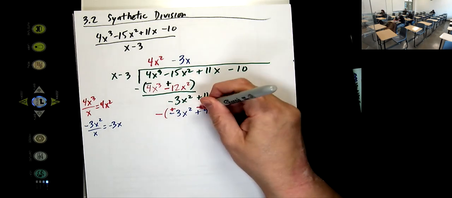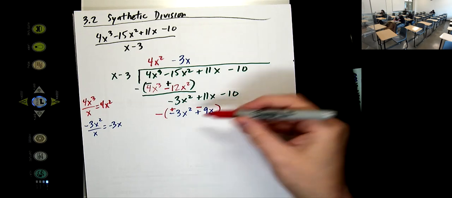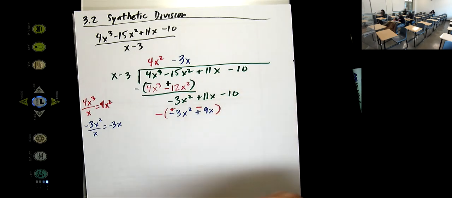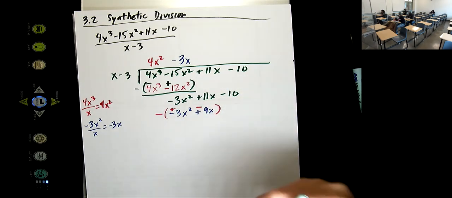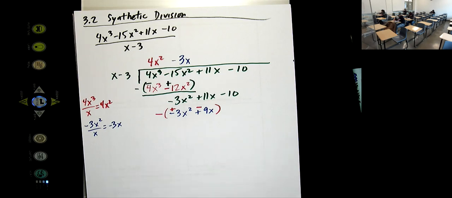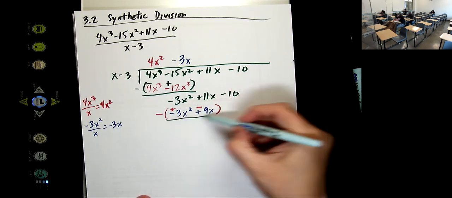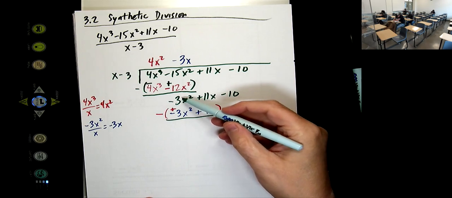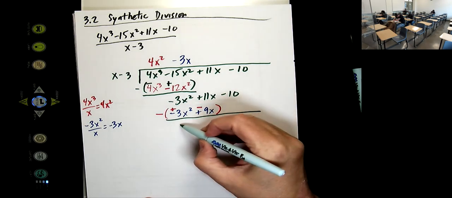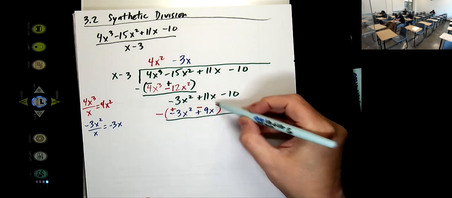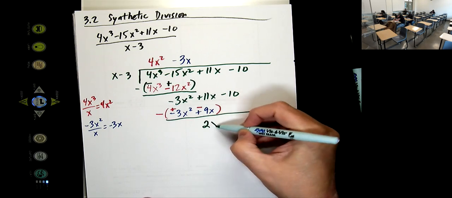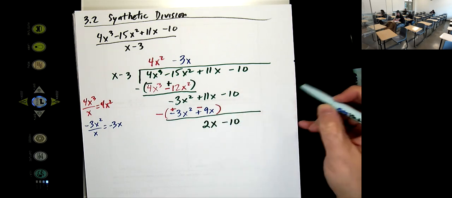When I move that inside, it changes the signs. So negative 3x squared plus 3x squared becomes 0x squared. That goes away. 11x minus 9x is 2x. And I bring down the negative 10.